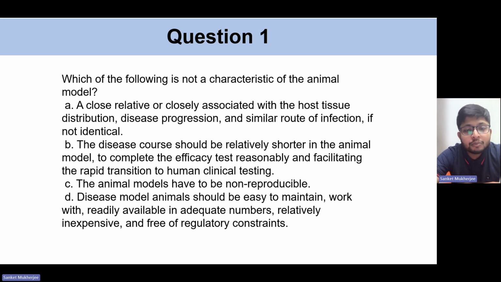C, the animal models have to be non-reproducible. Or is it D, disease model animals should be easy to maintain, work with, readily available in adequate numbers, relatively inexpensive, and free of regulatory constraints? I'll give you a minute to think about it, and then we will discuss the answer.